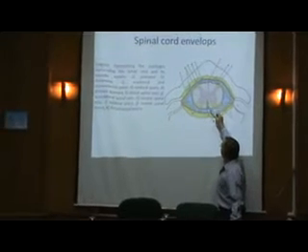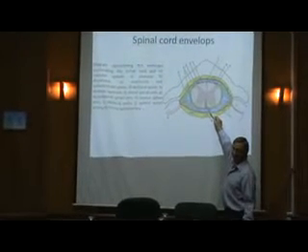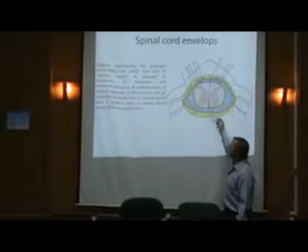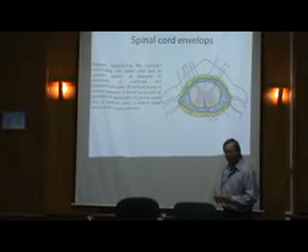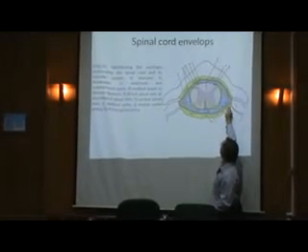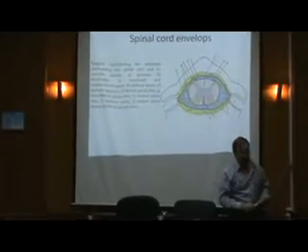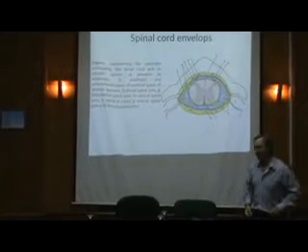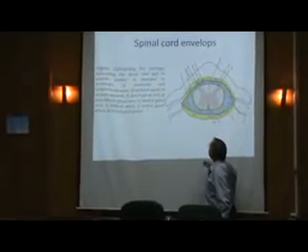This outer layer is called the dura mater. Between these two layers, we have a dispersed connective tissue, very loose, that can usually be separated. This loose connective tissue is called the arachnoid, spider-like.